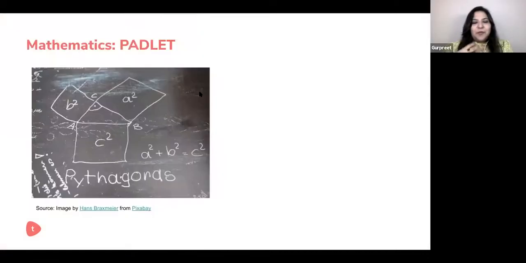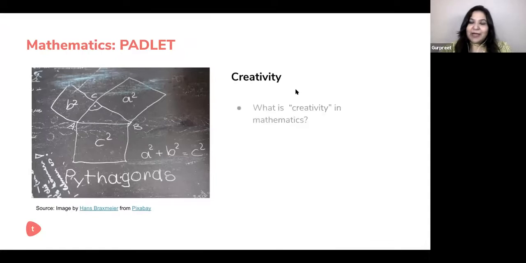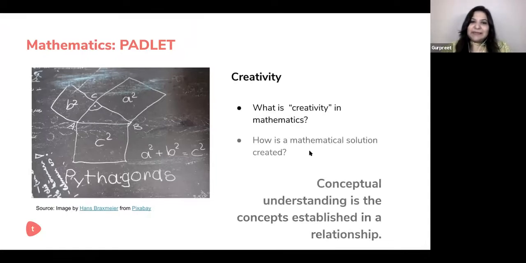Absolutely. So when we look at creativity as mathematicians, there's an abundant amount of research on whether mathematicians can be creative. One of the best examples of mathematicians being creative is the kind of solutions that people create to problems.